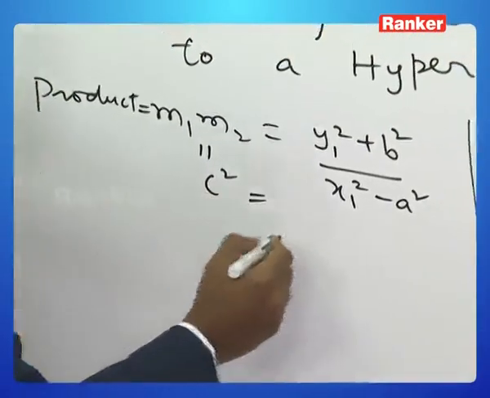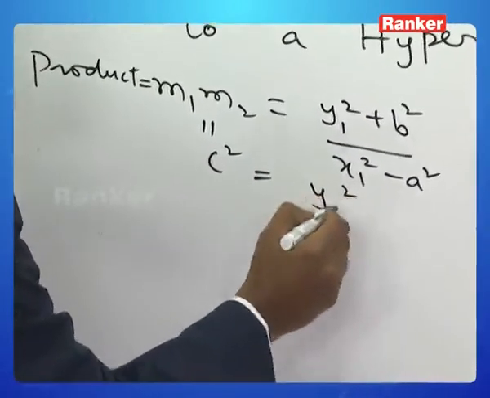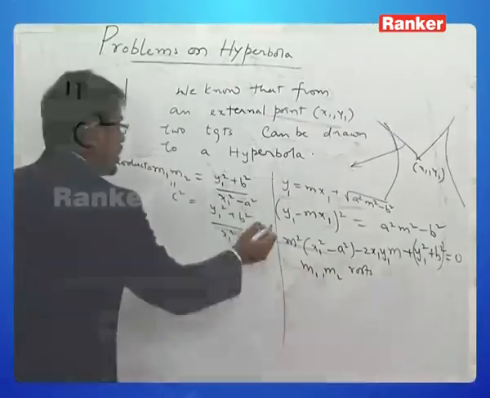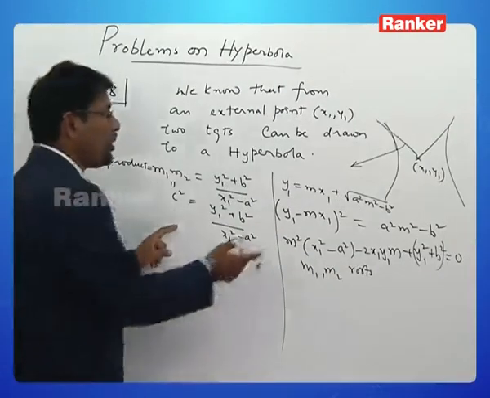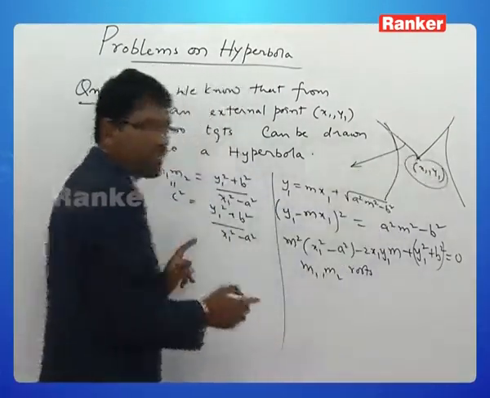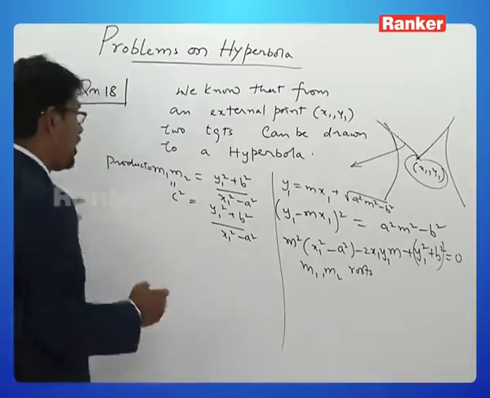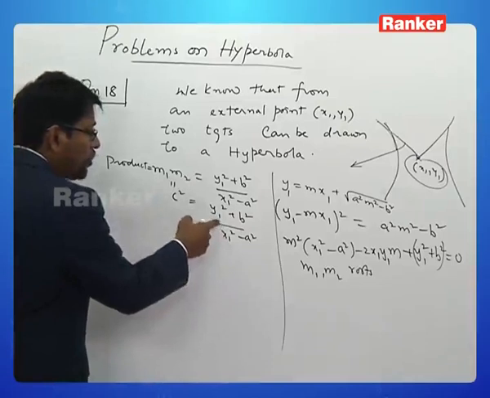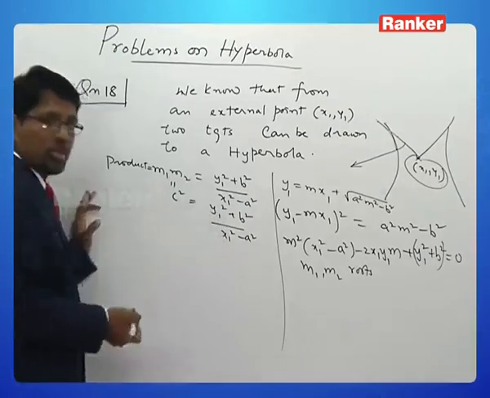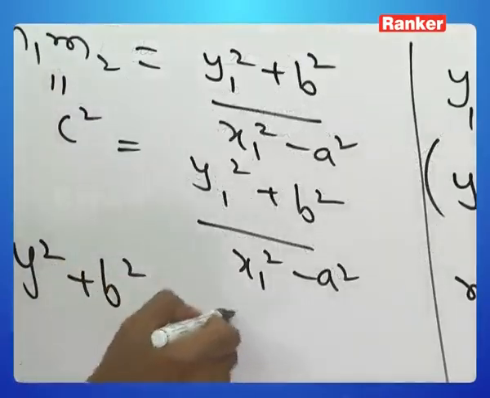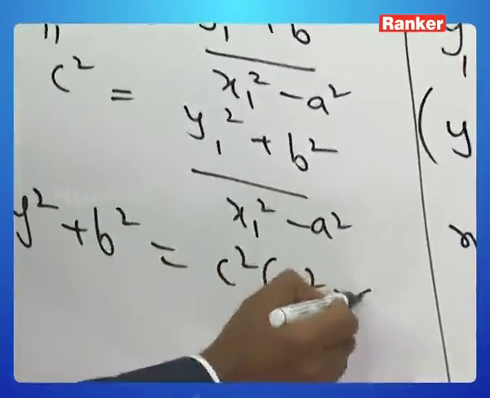So c square is equal to y1 square plus b square by x1 square minus a square. So the locus of this point x1 comma y1, or the curve on which x1 comma y1 lies, will be given by, I replace x1 y1 by the general coordinate. So what do we have? Y square plus b square is equal to c square into x square minus a square.